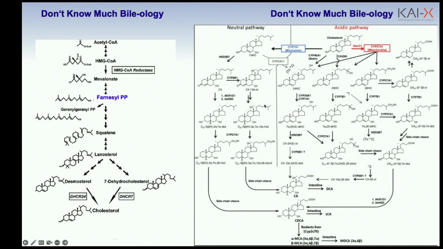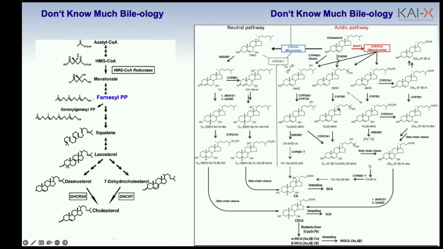So the point of this slide is to show you the complexity of the generation of bile acids, as indicated here, both in what's called the neutral pathway and the acidic pathway. This represents hundreds of millions of years of evolution to create this complicated biosynthetic scheme. All these are steroidal-like hormones, so there's a lot of importance if they're going to have this kind of pathway.